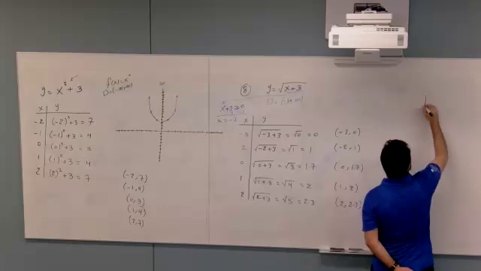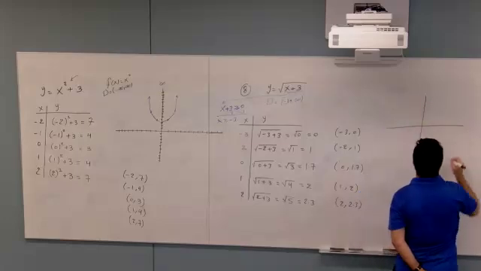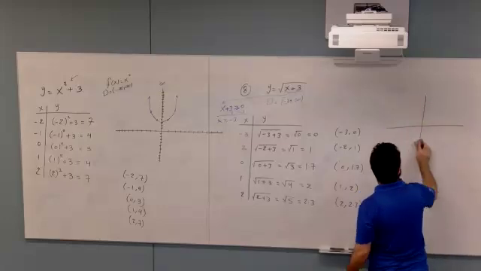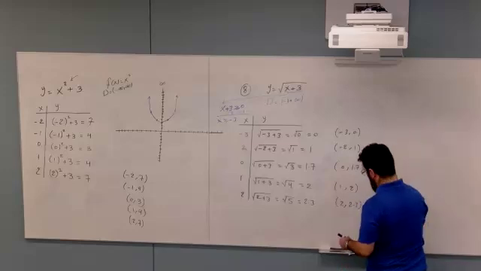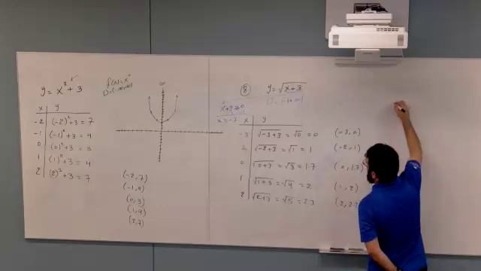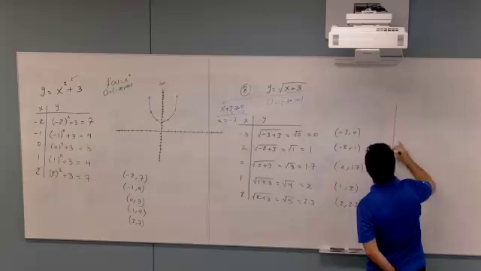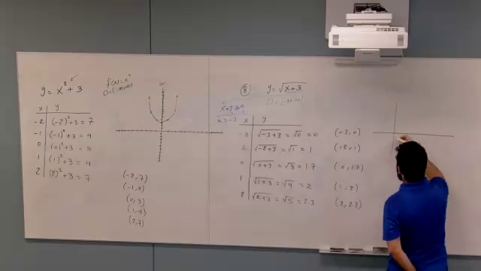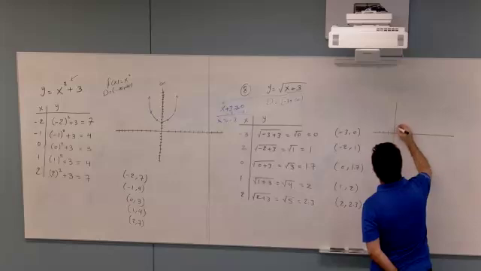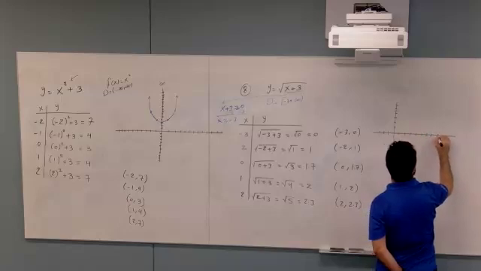So a simple graph here. Out from -3, 2, 3, 6, 7.